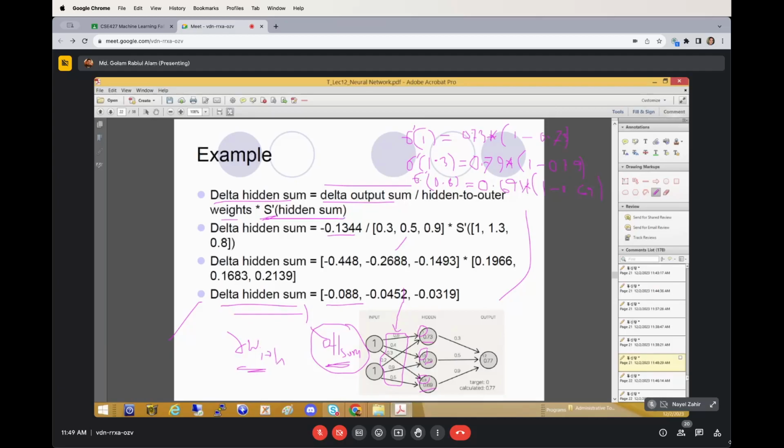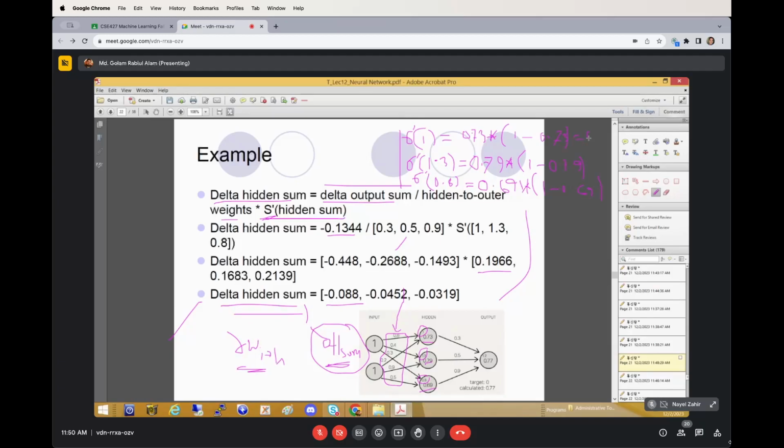Okay, so then we will get the sigma. So that is the derivative of sigma of the hidden sum. On that case we will get this value. So that is equivalent to 0.1966.